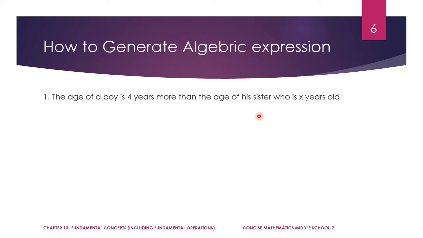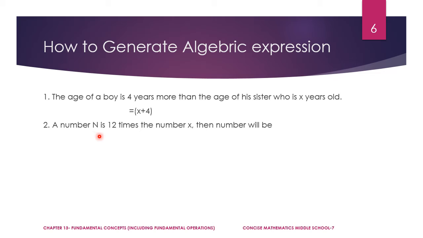Here x is the age of the sister and the boy is 4 years more. So the algebraic expression should be x plus 4. I hope you understood how you got this algebraic expression from this statement. It will be helpful for you in further chapters.